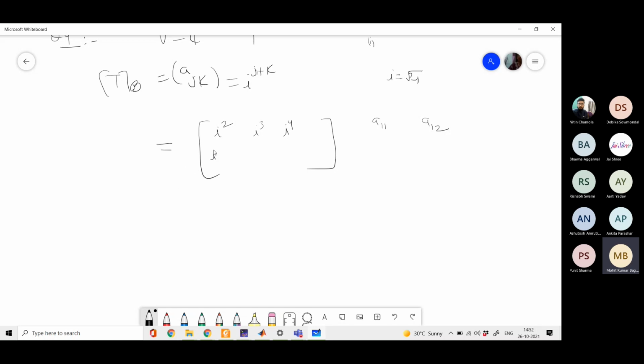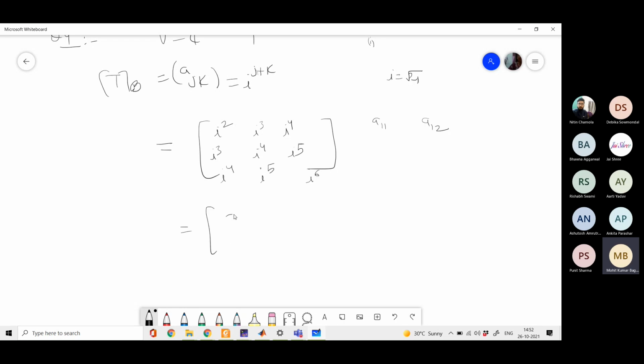This is i cubed, this is i to the 4, i to the 5. Sorry, i to the 4, i to the 5, and this is i to the 4, 5, and 6.